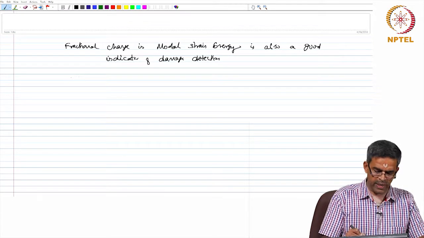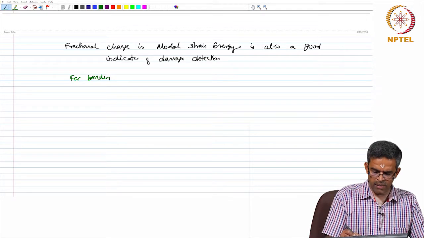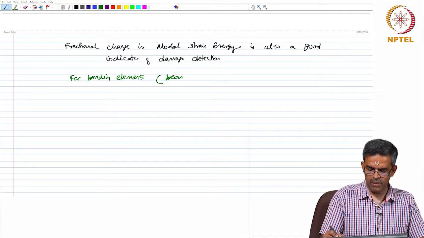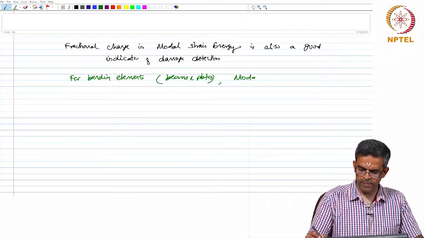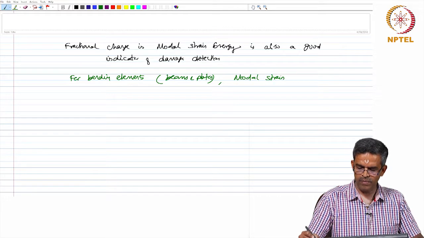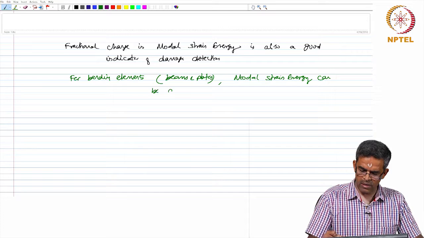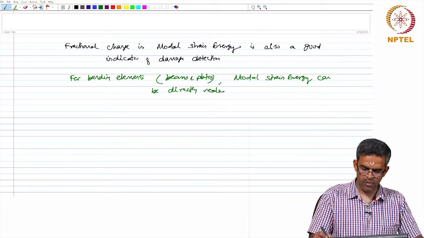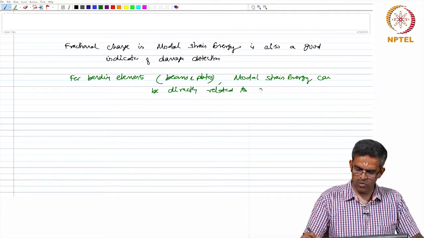It is an agreed fact that at least for bending elements like beams and plates, modal strain energy is directly related to mode shape curvature.